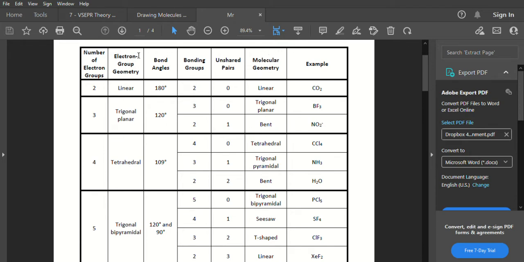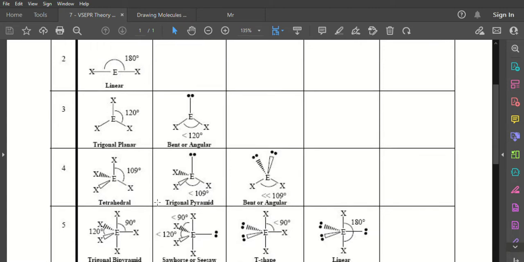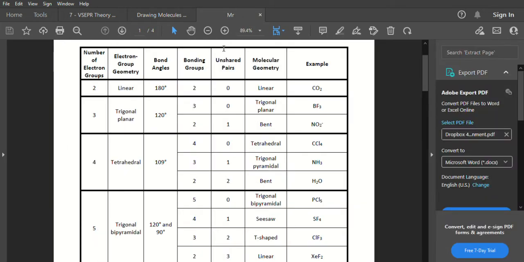So depending on how many electron groups we have, we're going to be in linear, in trigonal planar, in tetrahedral geometry, but when we do have lone pairs, we can add a new name and then call it molecular geometry.